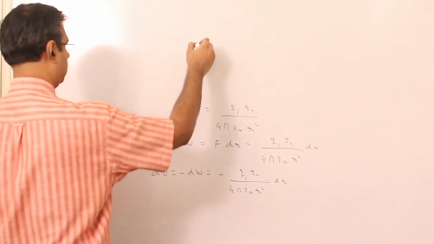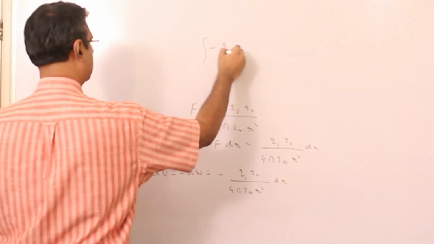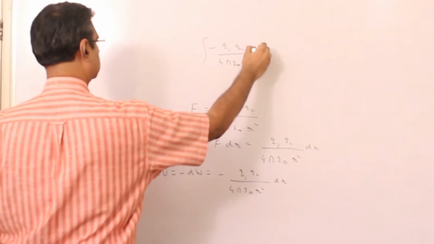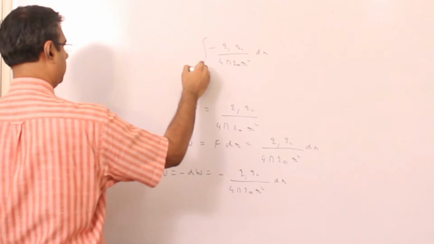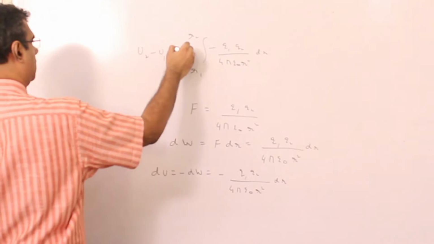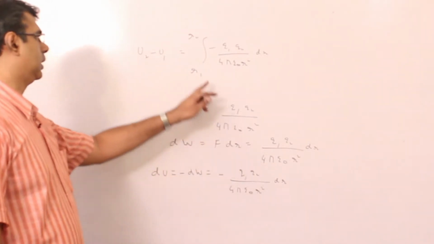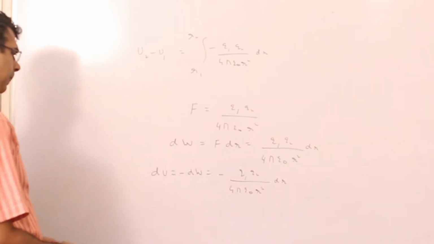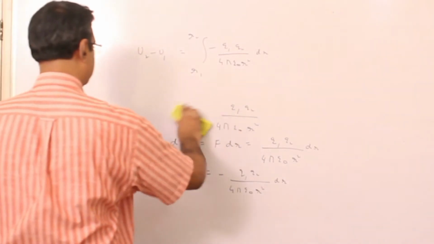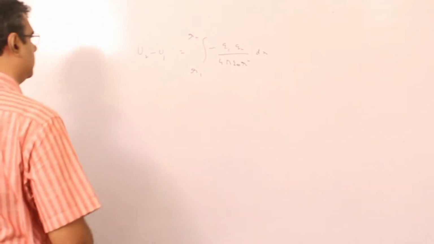Now if we integrate minus Q1 Q2 by 4 pi epsilon naught r square from R1 to R2, we can say that this integral is equal to final potential energy minus initial potential energy, that we can write as U2 minus U1.